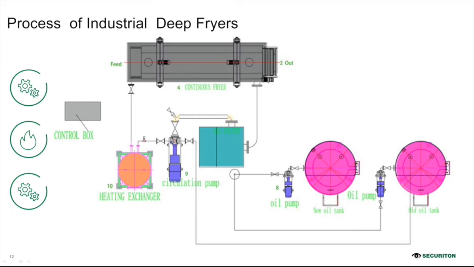This process starts from the circulation pump, which sends the oil to the heat exchanger, and the exchanger heats up with the heat conduction oil from the boiler so that the temperature of the working oil rises to approximately 120 degrees. Again, this depends on the types of food being used.